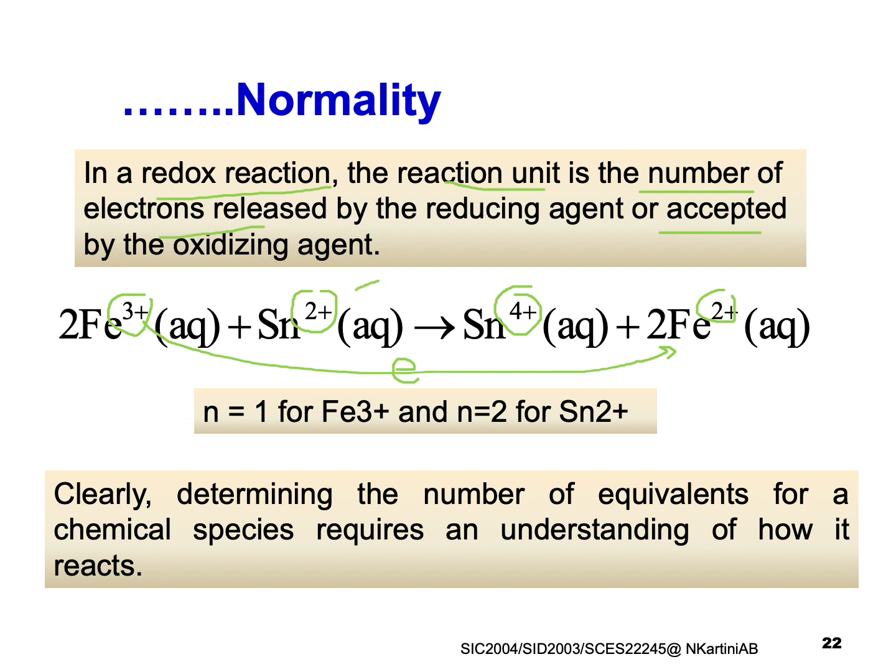Whereas for the tin, 2 electrons are involved, accepted by the oxidizing agent. So in this case, N, the number of equivalents for iron, is equal to 1, whereas the number of equivalents for the stannum or tin ion is equal to 2, referring to the 2 electrons accepted by this oxidizing agent. Clearly, determining the equivalent number for a chemical species requires an understanding of the reaction.